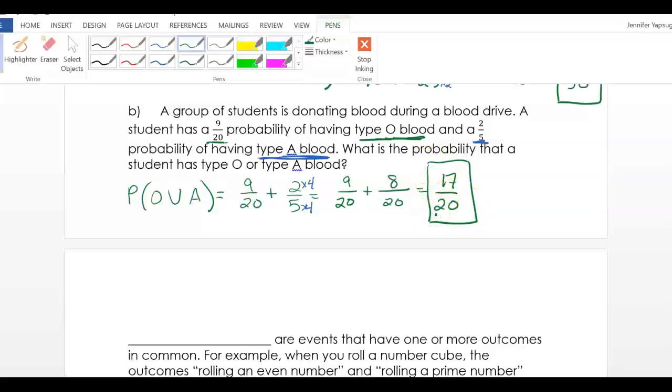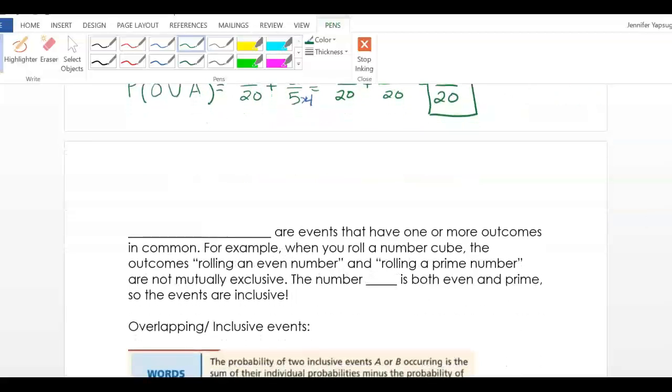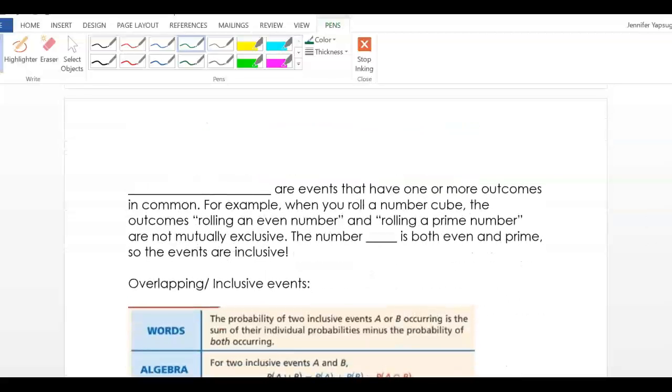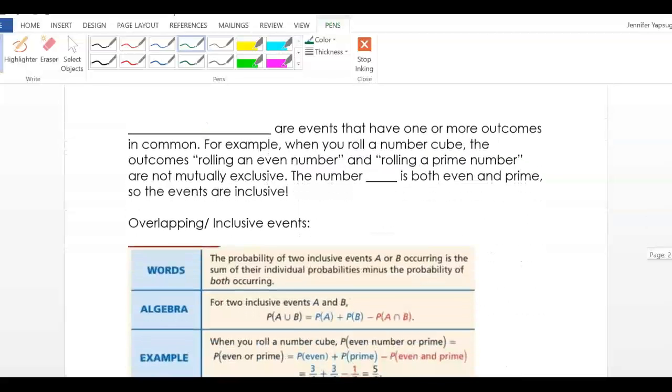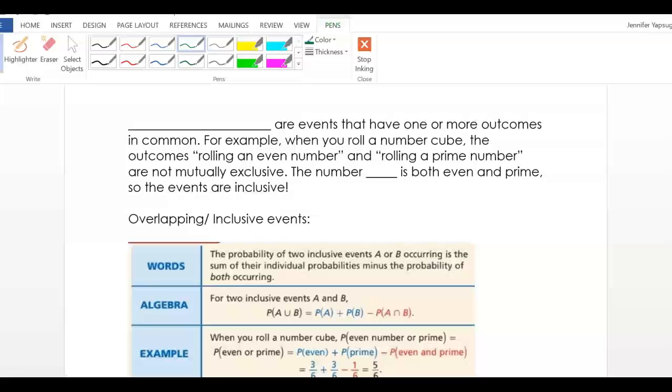Okay, all right, so those are considered mutually exclusive. Now what we're going to be looking at is something called overlapping or inclusive events. So I provided a little definition for you here. So we're going to say these are inclusive events. Sometimes you'll hear them being referred to as overlapping, and we'll look at why.